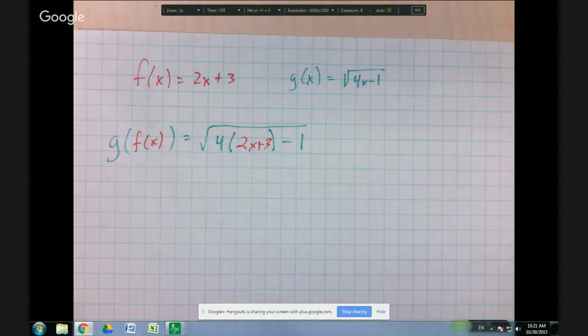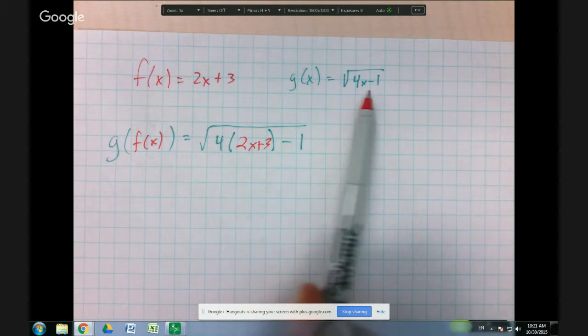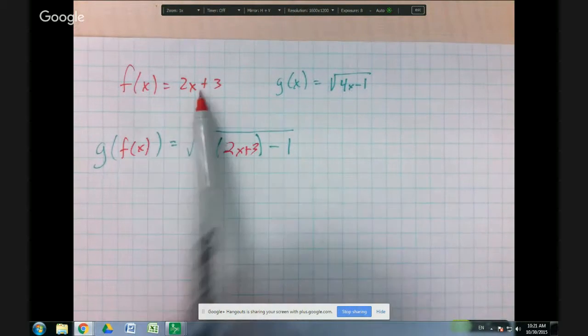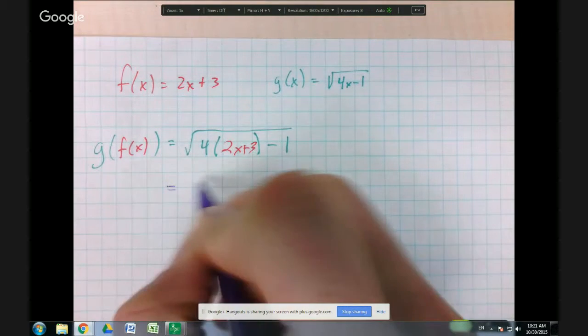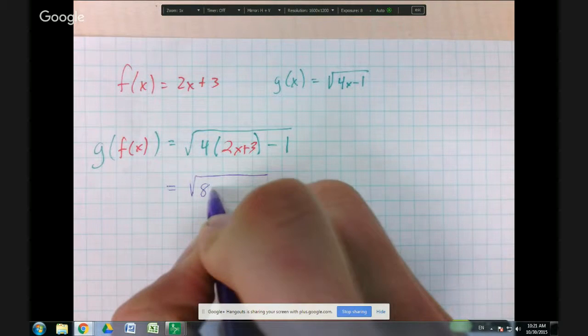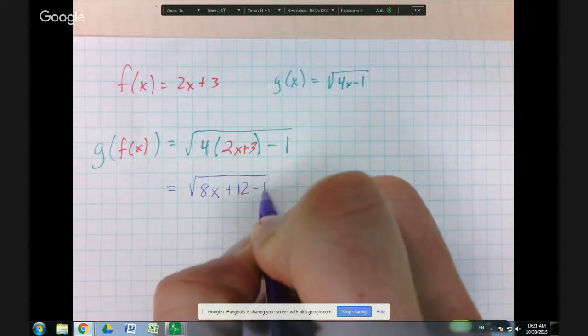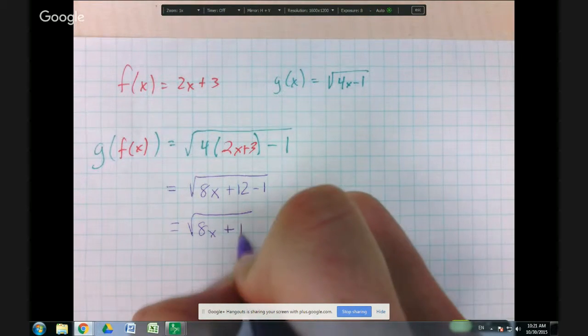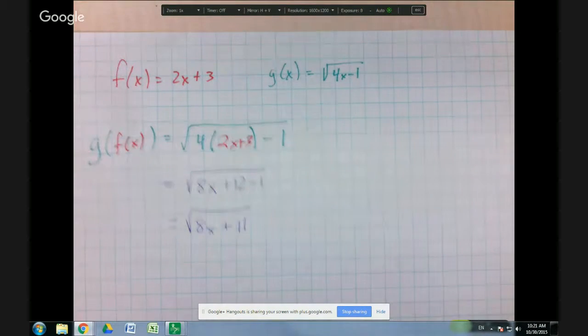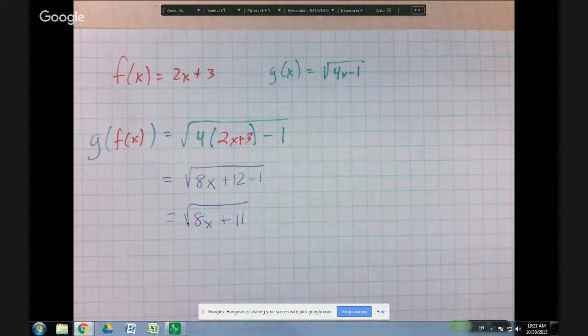So everywhere there's an x, just leave space and write the f in there. Okay. Simplify it as much as you can.